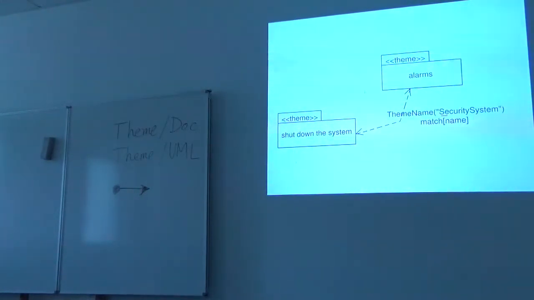AspectJ is very limited with this because you can just introduce elements and you're introducing them by aspects, and this seems like just another way of asymmetrical composition because you don't have really equal level elements there that are being composed.